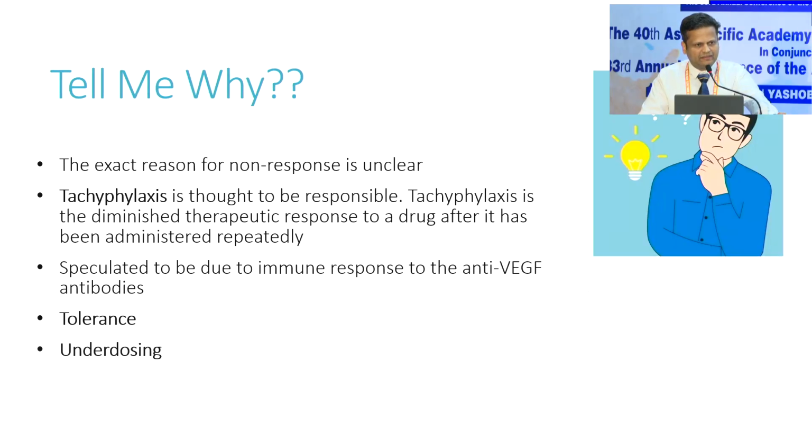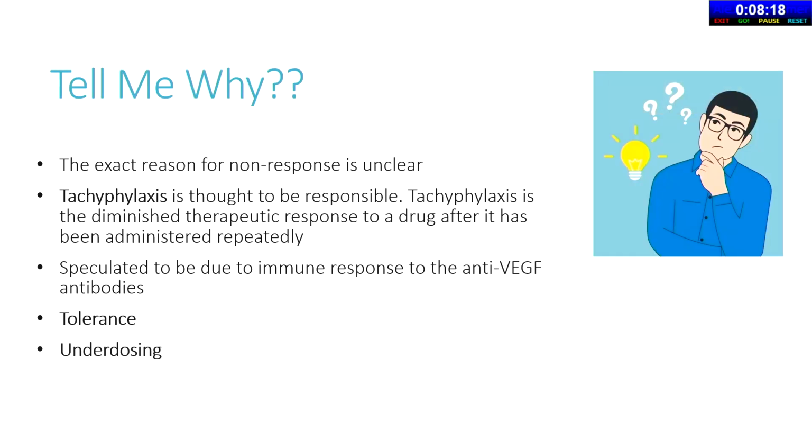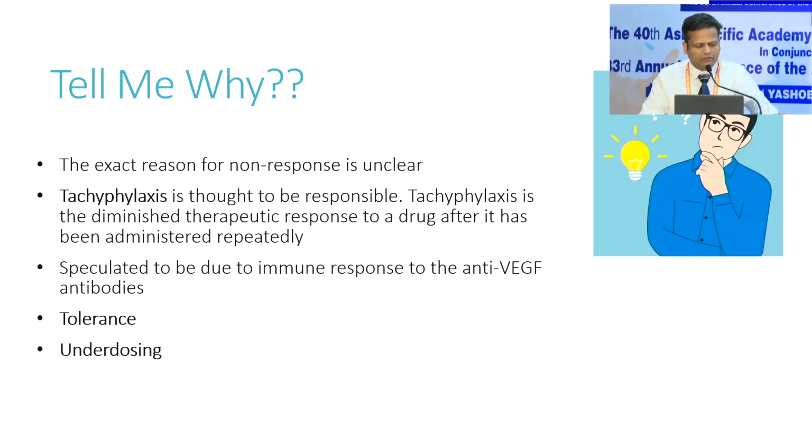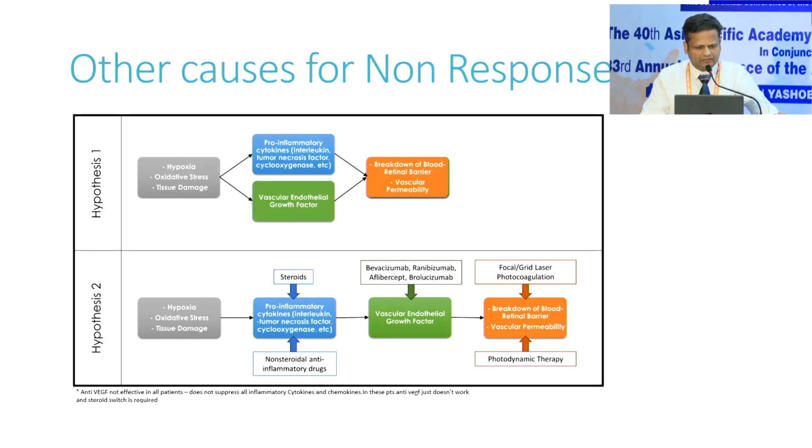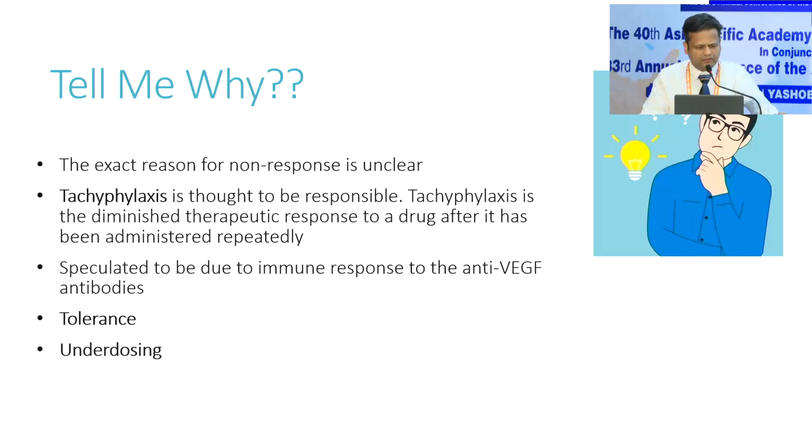The exact reason for non-response is not clear. However, tachyphylaxis has been thought to be responsible because of continued and repeated drug injections. Tolerance and underdosing are other causes; sometimes the patient does not come when he is advised to come for treatment, so underdosing and non-response occur at that time.